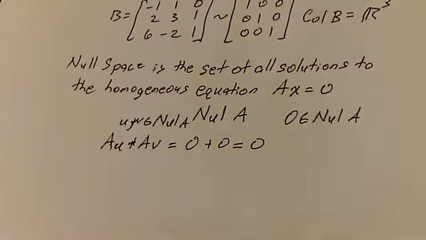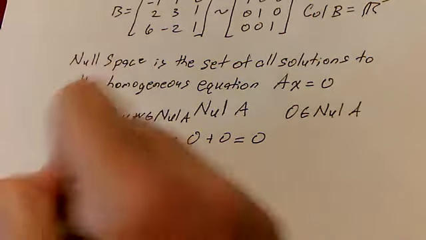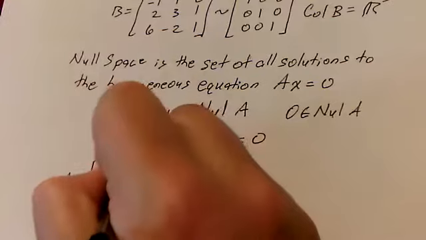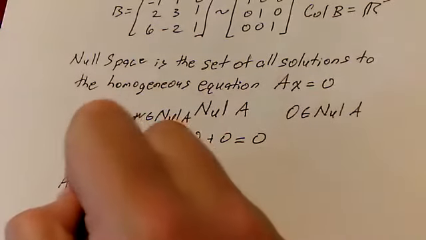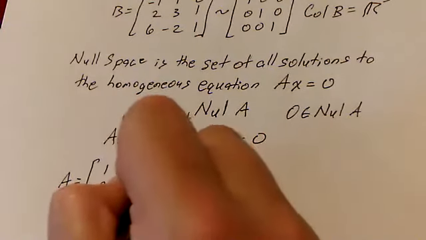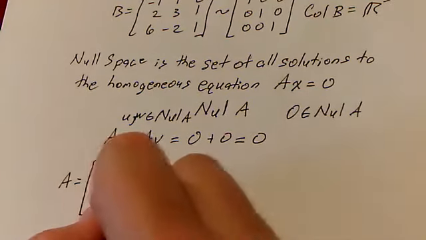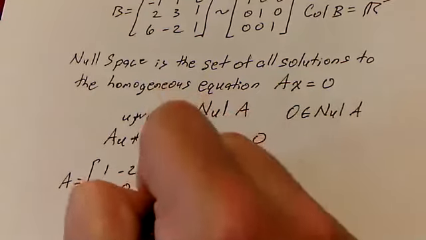So to figure out if a vector is in a null space, what we do is we simply multiply. Pick your favorite matrix that you like. Let's say A is going to be equal to 1, negative 2, 1, 2, 0, 2, negative 3, 1, 1.